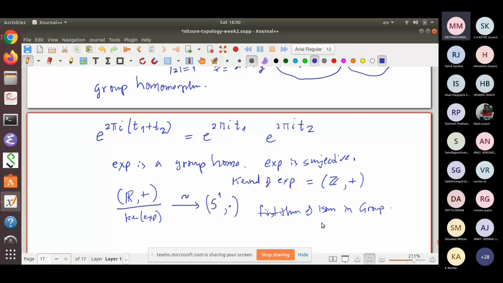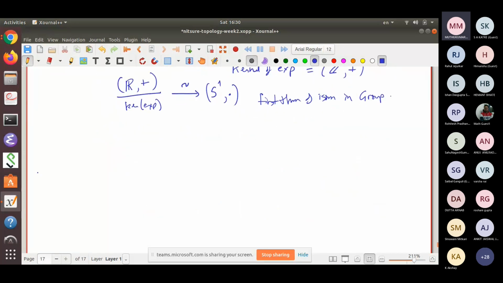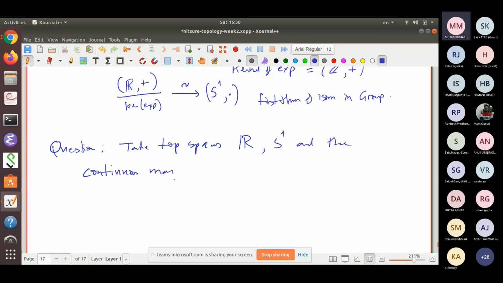But now I am looking at it as topological spaces, and my claim is a question. Take topological spaces R, S1, and the continuous map exp from R to S1.